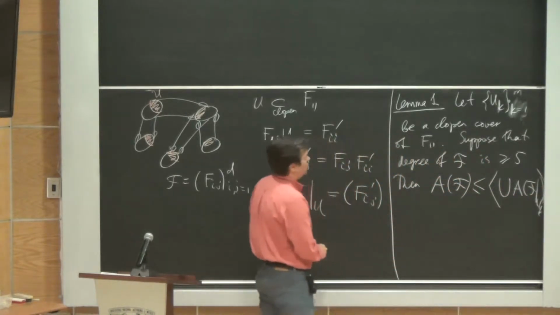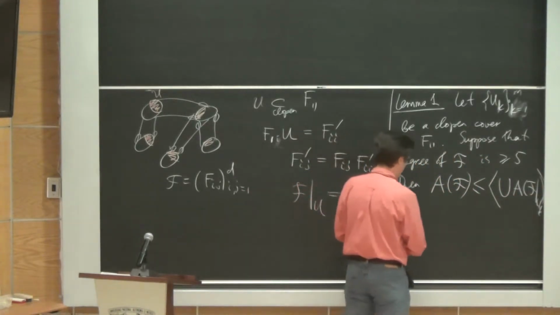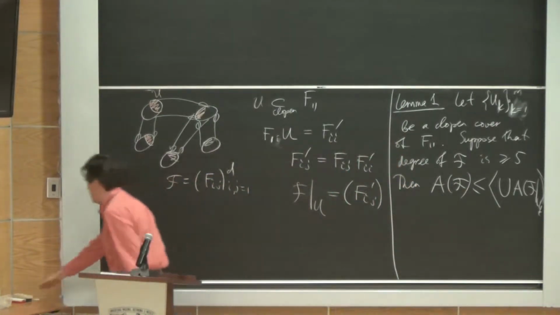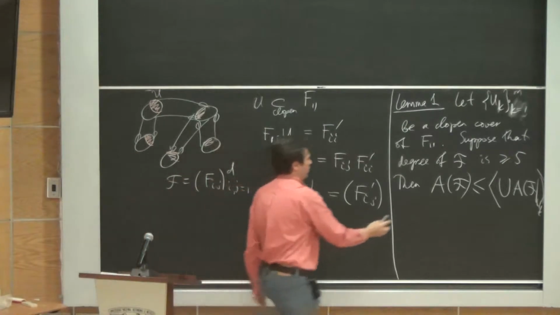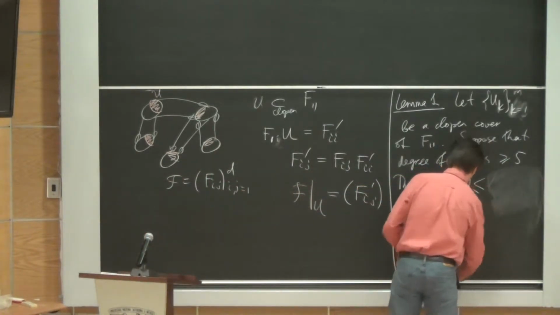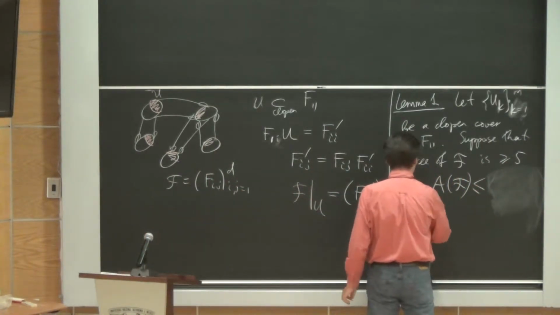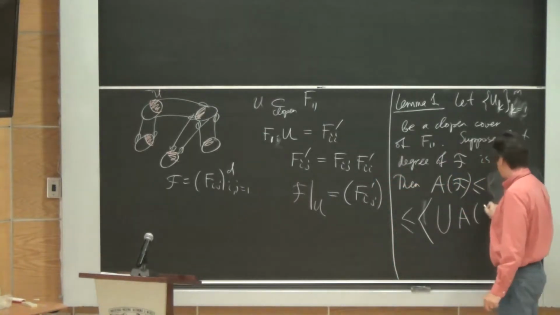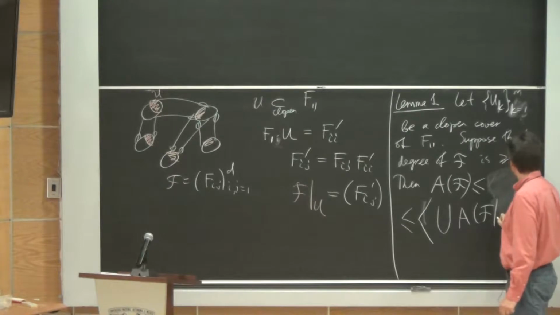So you take the group generated by the union of the alternating groups on the restrictions.